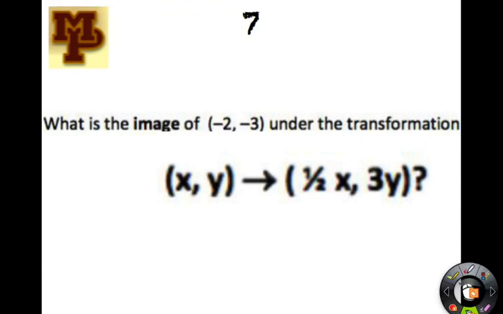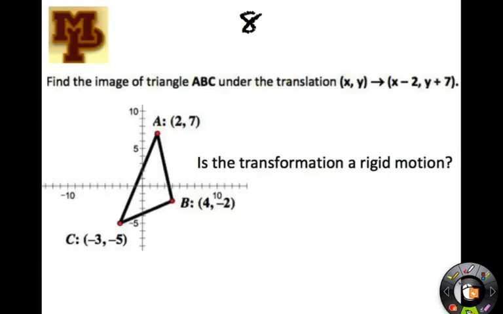Okay, next one. We want to find the image of triangle ABC after we do this to it. So this is just a translation. We're going to take each of the x-coordinates and subtract 2. So for this one, (2, 7), we would subtract 2, and then we have to also add 7 to the y values.